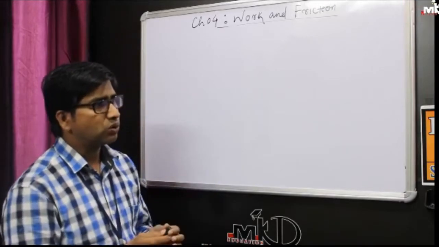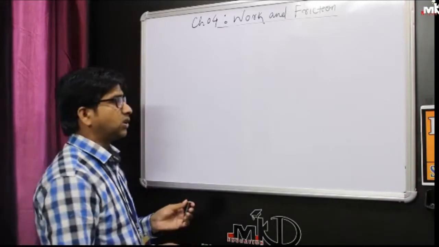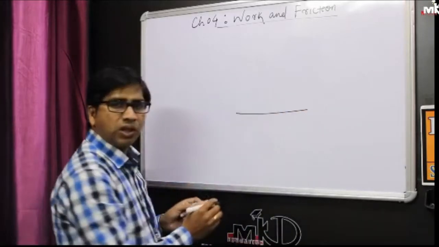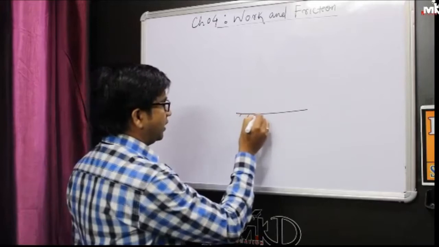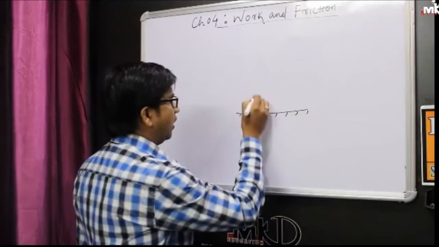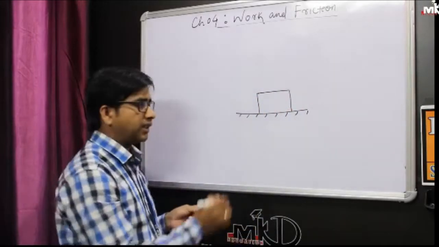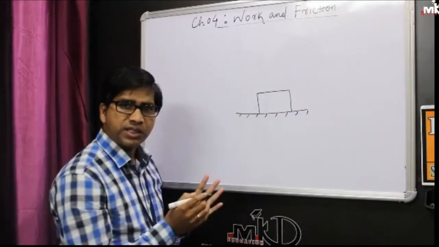First of all, you should know what the angle of friction is. Suppose this is a horizontal floor, and a body is placed over this floor like this. What are the forces?